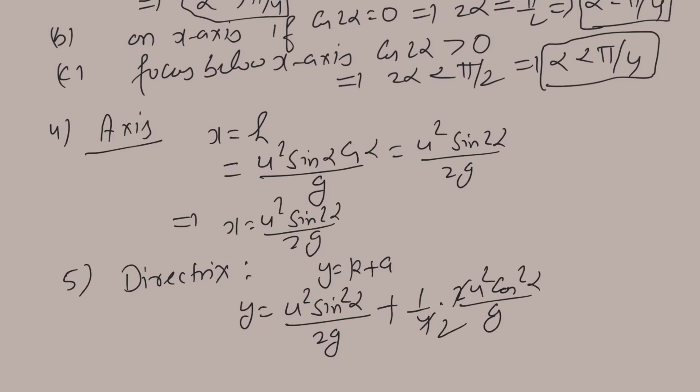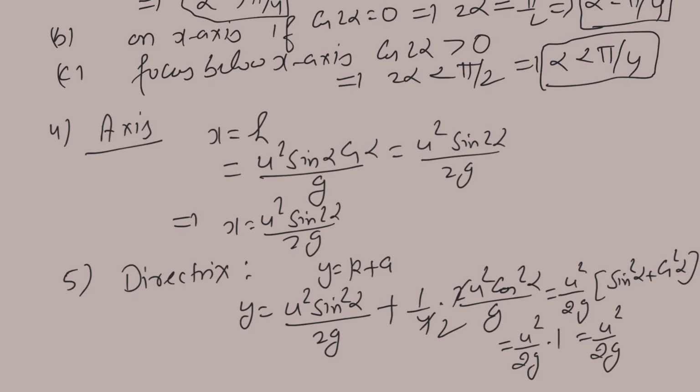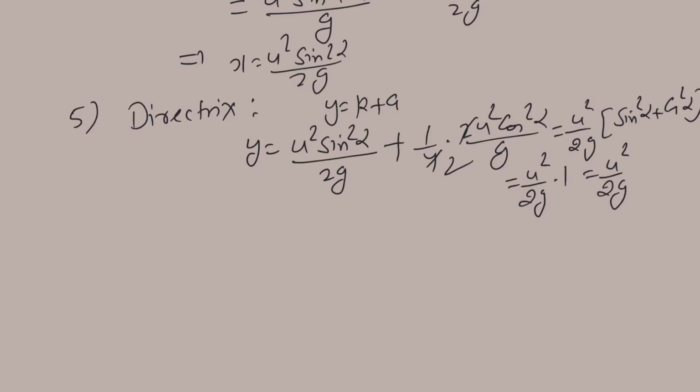This will cancel out. So this is equal to u square by 2g, and inside is sin square alpha plus cos square alpha, which is equal to u square by 2g dot 1, which is u square by 2g. This implies that y is equal to u square by 2g, which is the equation of the Directrix.